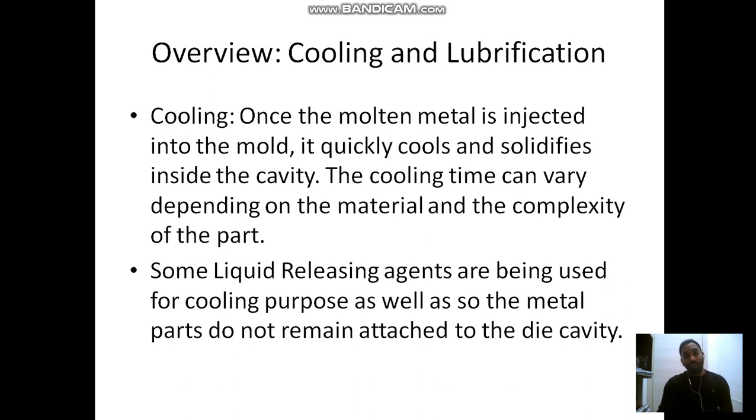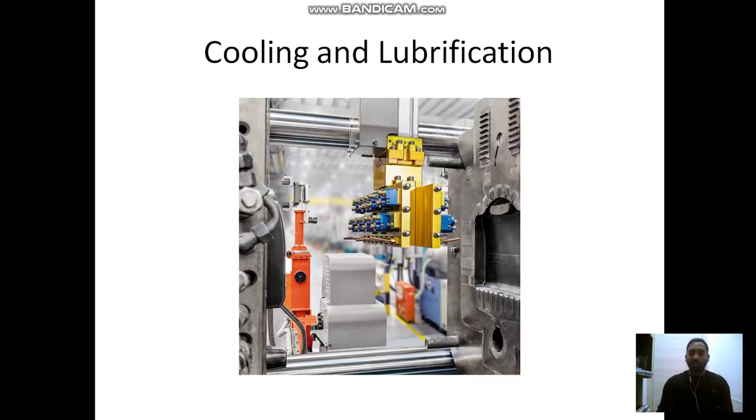The cooling time can vary depending on the material and the complexity of the part. Some liquid releasing agents are used for cooling as well as so the metal parts don't remain attached to the die cavity. The injection cylinder and the plunger tip also have to be cooled. Now we can see a cooling device.